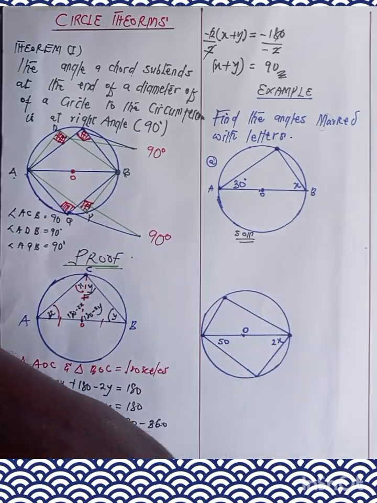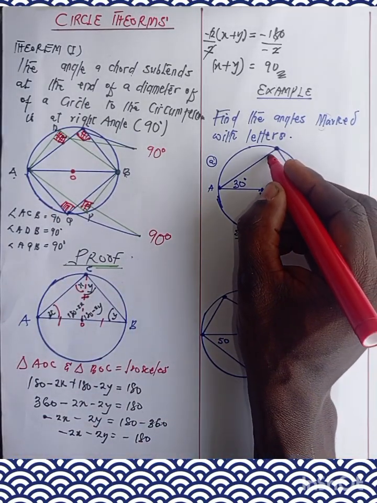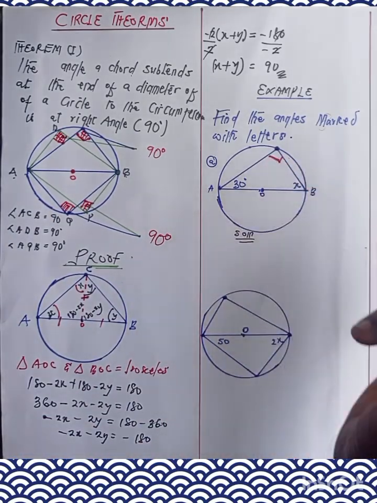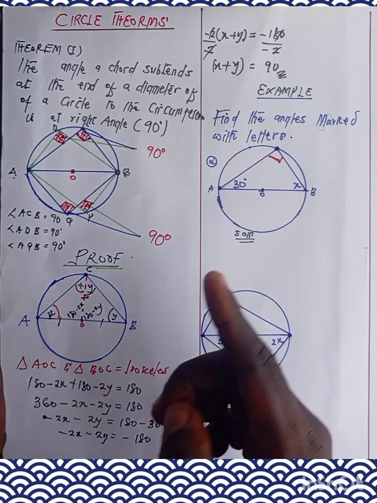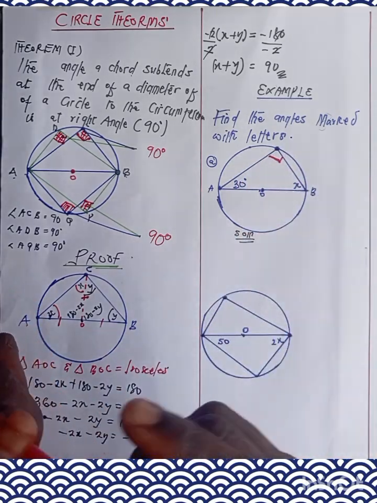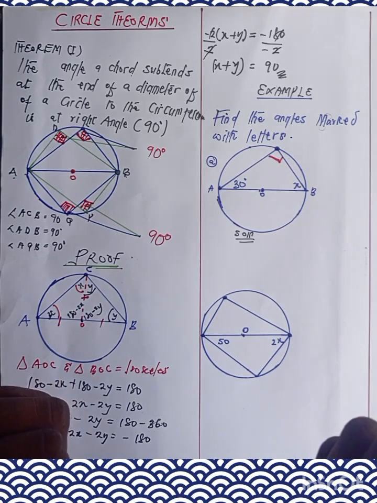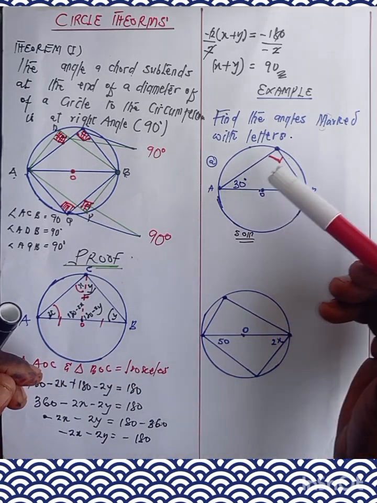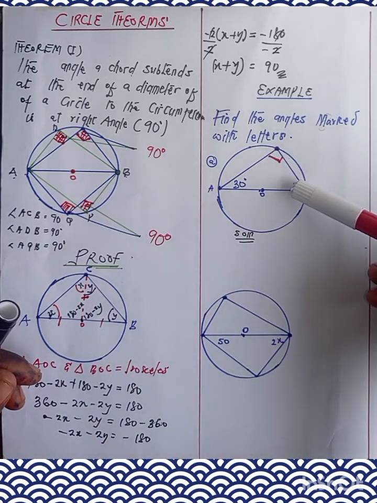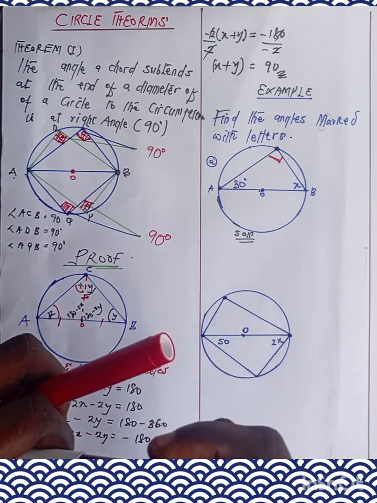So it means that this angle is 90 degrees. And we know that the sum of interior angles of every triangle is 180 degrees. Therefore 30 degrees plus 90 plus x should give us 180.